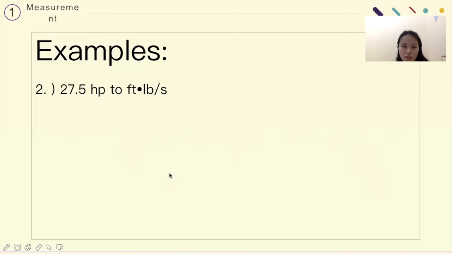The next question, convert 27.5 horsepower to foot-pounds. So HP here is horsepower, and 1 horsepower is equal to 746 watt. So what you're going to do is multiply 27.5 times 746.